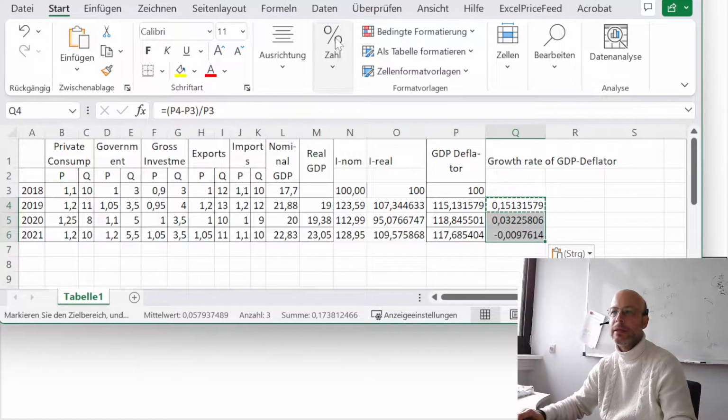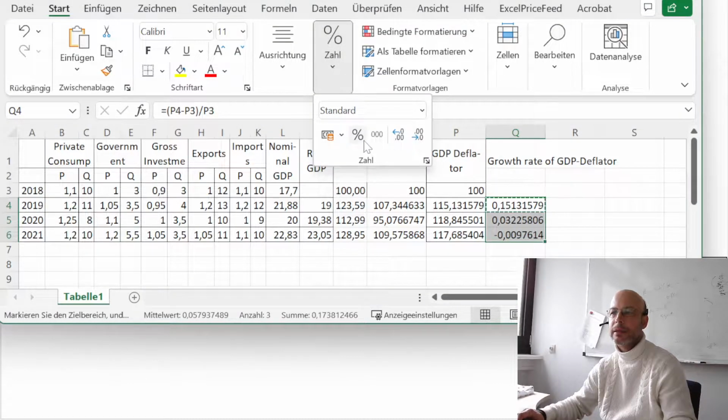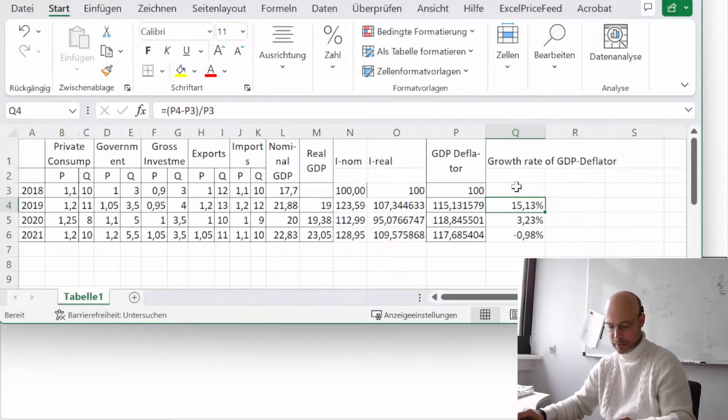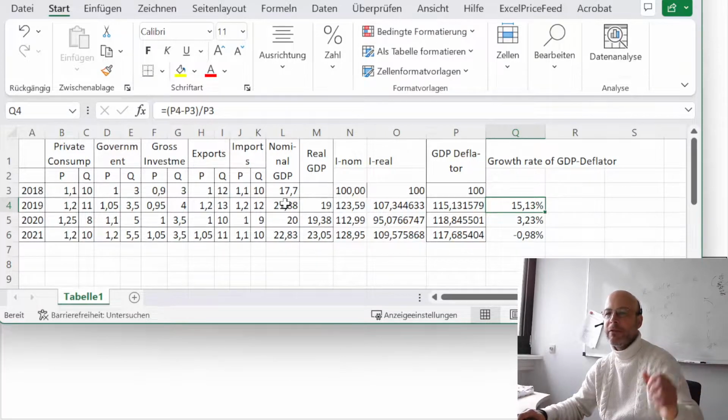Let's also take this as a percentage with 2 digits, and hopefully this will now be the right one. Okay, because the last time I just divided the index real GDP over nominal GDP of the same period, which is of course wrong.